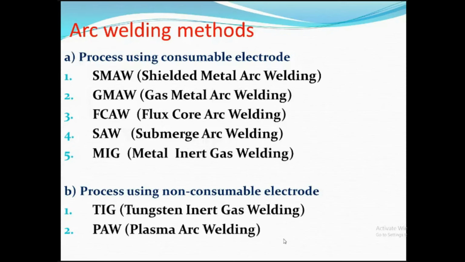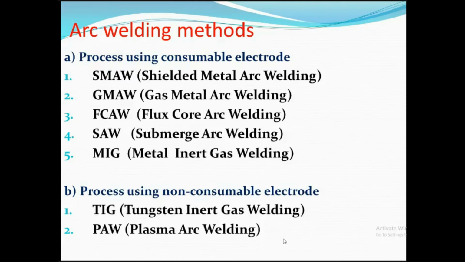In type B, the process uses non-consumable electrodes. The first type uses consumable electrodes, and the second uses non-consumable electrodes: TIG, tungsten inert gas welding, and PAW, that is plasma arc welding. These are the arc welding methods, consumable and non-consumable.